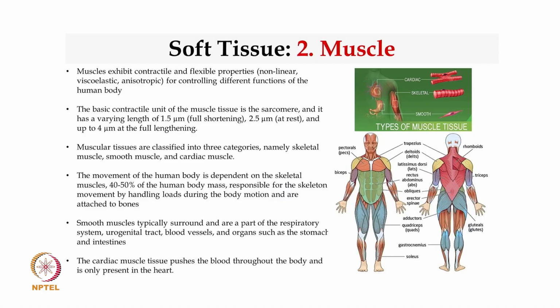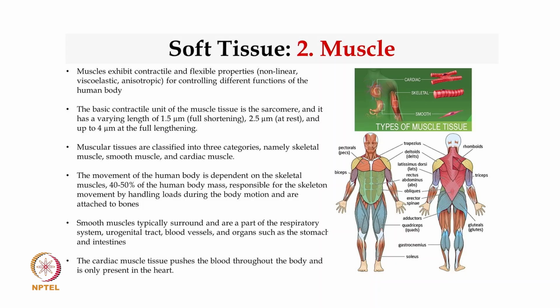So the basic contractile unit of a muscle tissue is the sarcomere. That is the unit cell, or the basic unit, of a muscle, and it has a varying length of 1.5 microns. A micron is 10 raised to the power negative 6, right? A micrometer, which is 1,000th of a millimeter. So 1.5 microns during full shortening and 2.5 microns at rest.